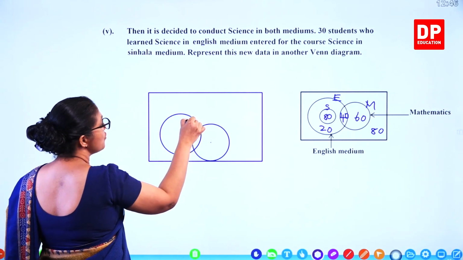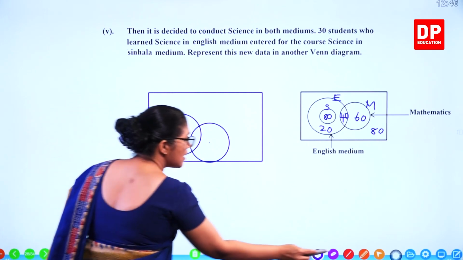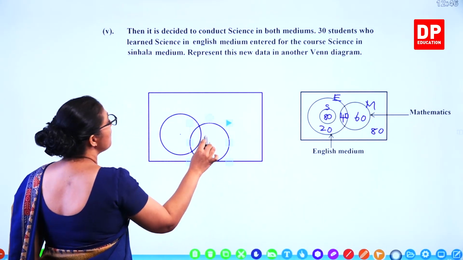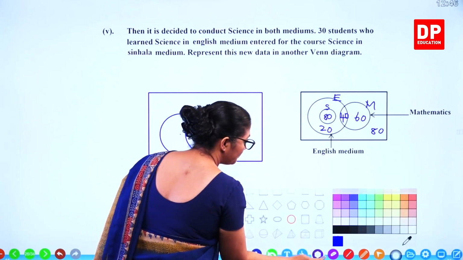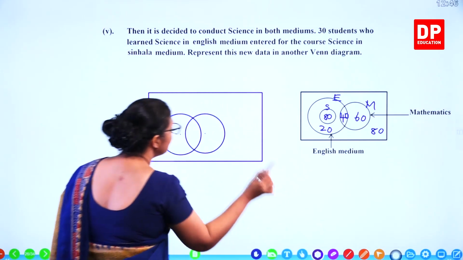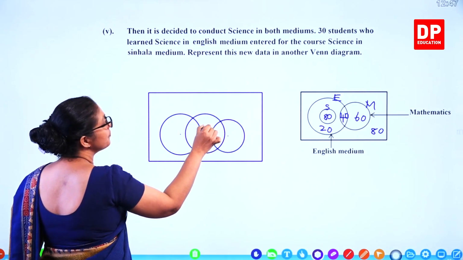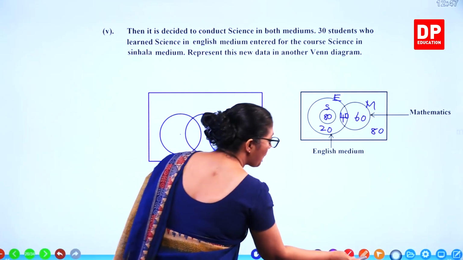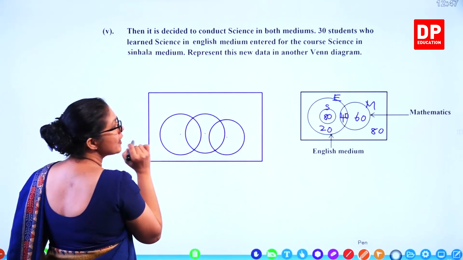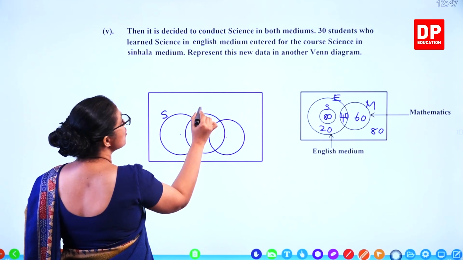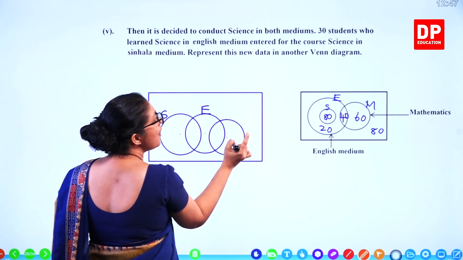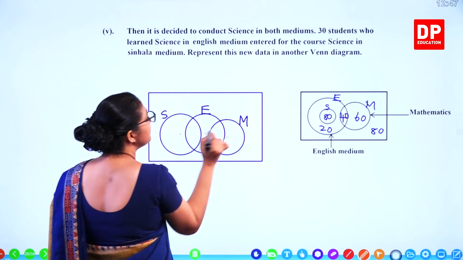So you have to draw 3 separate circles. Something like this. Now we can label it, this is science and English medium and then mathematics.